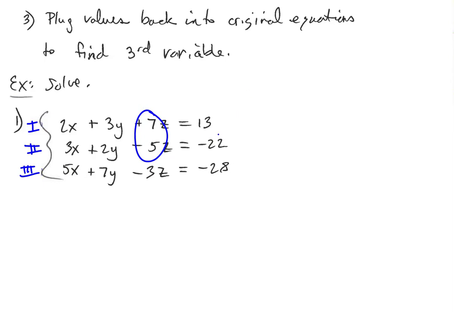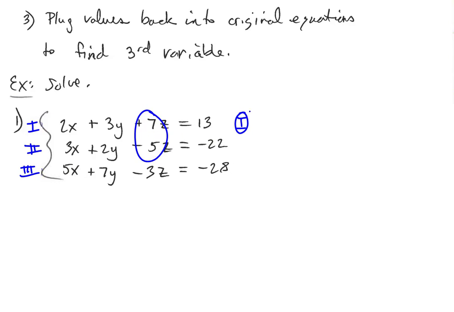So in order to pick on equations I and II and eliminate the z coefficients from them, notice they already have opposite signs, so I'm going to take equation I, and I need to turn its z coefficient into 35. Of course, 35 is the least common multiple of 5 and 7, these 2 current coefficients.